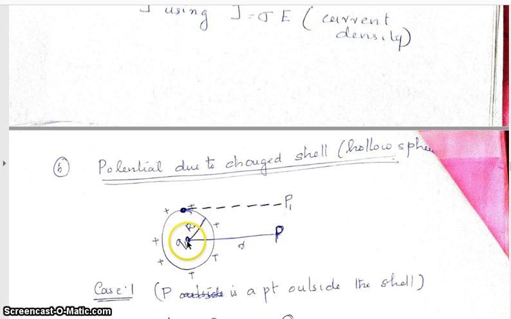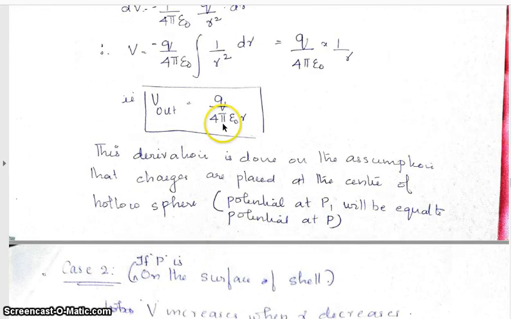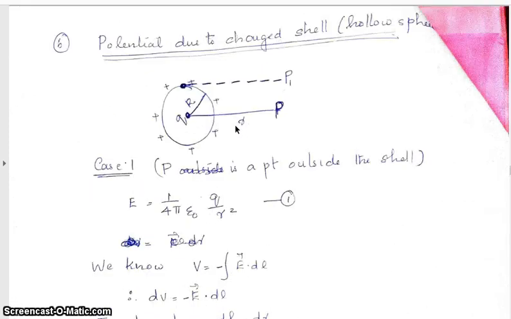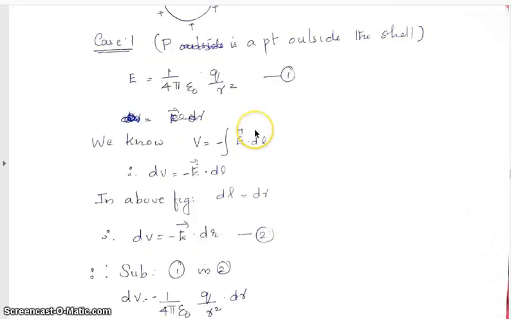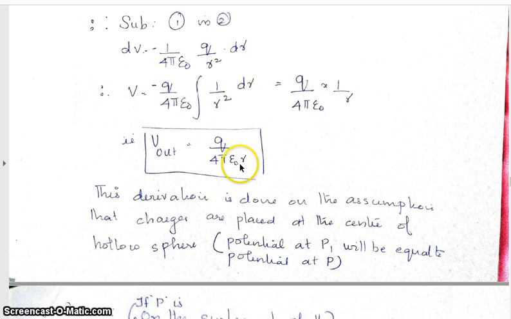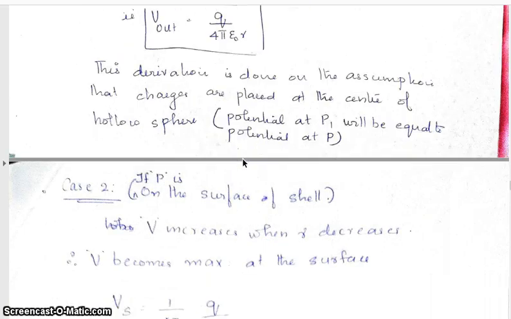So if the potential at P due to this Q is Q by 4 pi epsilon 0 r, then the potential at P1 due to the charge placed at this point will also be Q by 4 pi epsilon 0 r. V out is equal to Q by 4 pi epsilon 0 r.